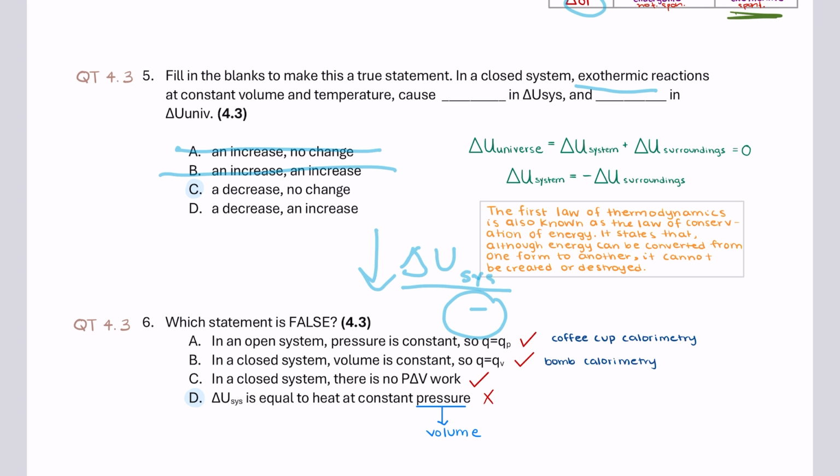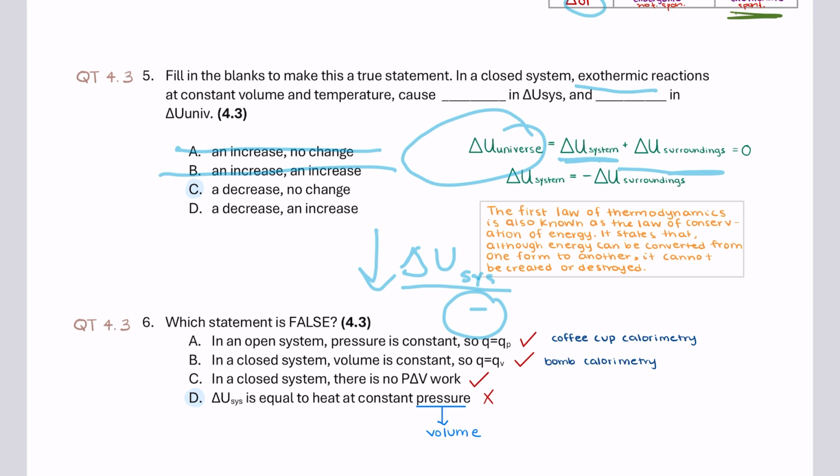Mathematically, the change in energy of the universe is equal to the sum of the energy changes of the system and of the surroundings. So delta U of the universe equals delta U of the system plus delta U of the surroundings.